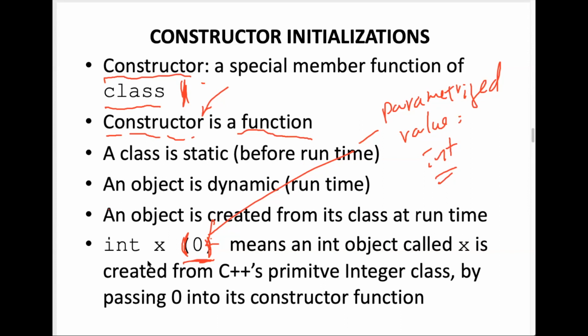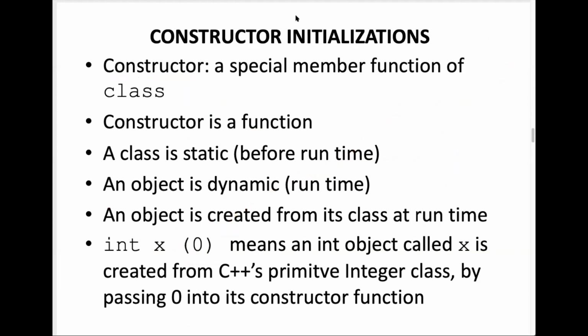So what happens is when you instantiate this object at runtime, in this case on the stack, you pass in a parameterized value, which would be the value of 0 that you're trying to pass in to construct x. At construction time, that variable is assigned the value of x. So this gives an object at runtime with a value of 0. This is construction time or constructor initialization. Sometimes people call it a parameterized constructor. That's how you initialize your integer variables at this point.